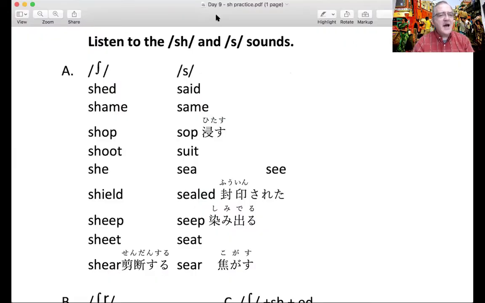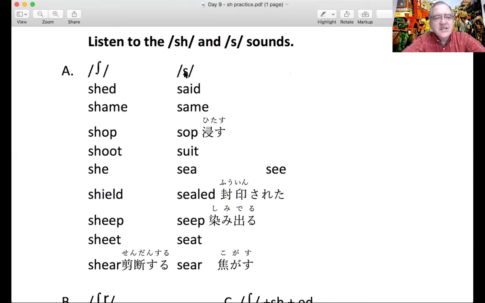All right, here we have, remember this means SH, shh, and this is s, okay? And I want you to listen to SH in different contexts. Please listen. Shed, shame. Now the S: said, same.